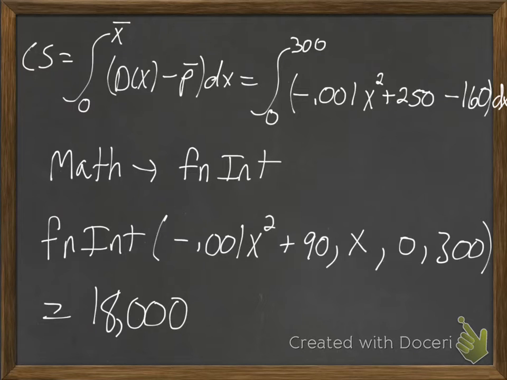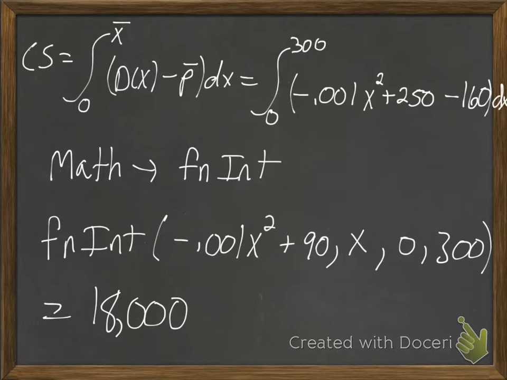Should be 18,000. So if you compute the definite integral, do the antiderivative, evaluate it at the endpoints, you get 18,000, or if you use this numerical integral function on your calculator, you also get 18,000.